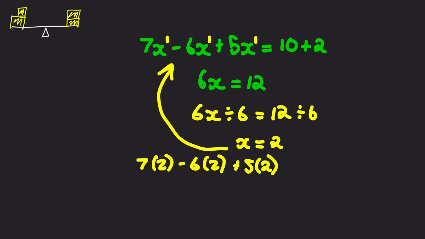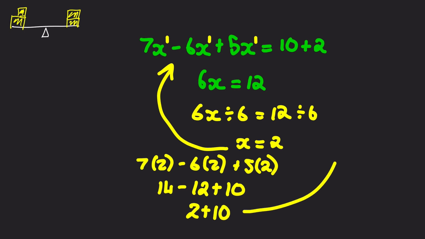So 7 times 2 is 14 minus 12 plus 10. Well, that is then equal to 2 plus 10, which is equal to 12, which is equal to our right-hand side. Perfect. Absolutely amazing. It works out. So we've proven that x is equal to 2.